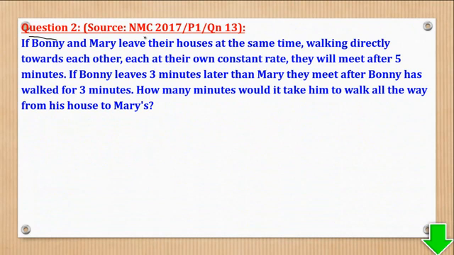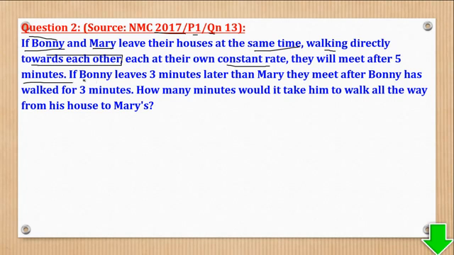Then question 2 came from the National Math Contest of 2017, paper 1, question 13, and says, if Bonnie and Mary leave their houses at the same time, walking directly towards each other, each at their own constant rate, they will meet after 5 minutes.